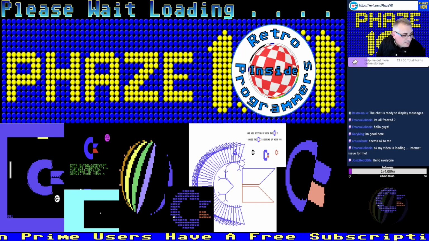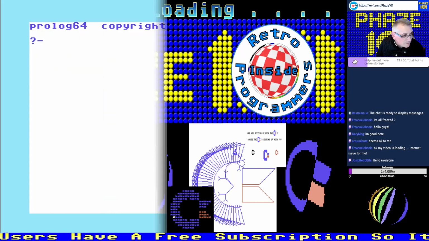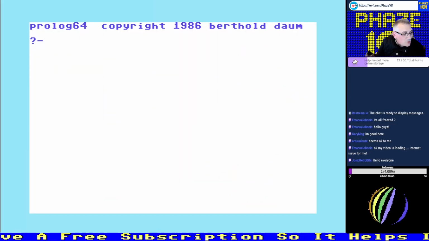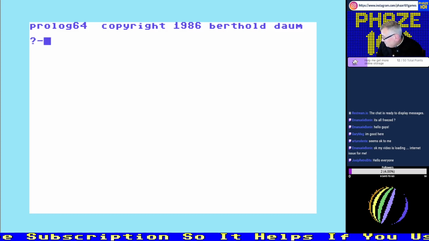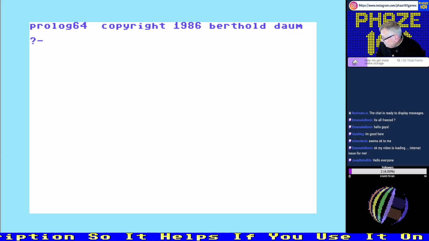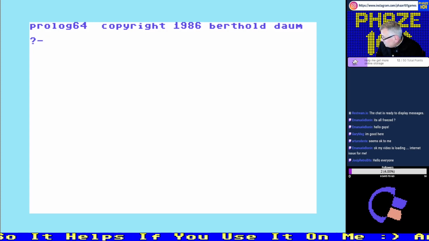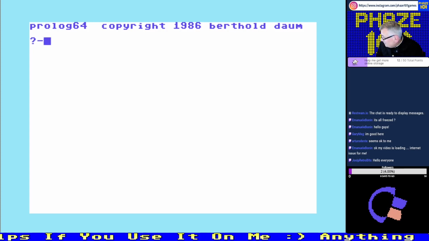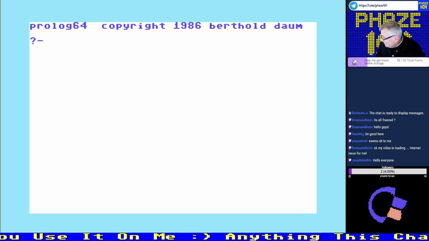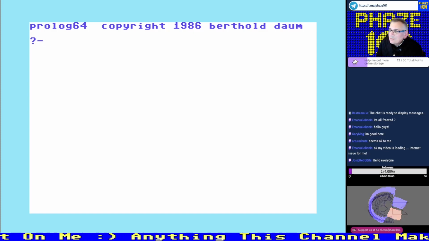You can see, I can show you the Commodore 64. Okay, Prolog has loaded. So now I need to paste the source. For those that have never seen Prolog, you might be interested to see it.